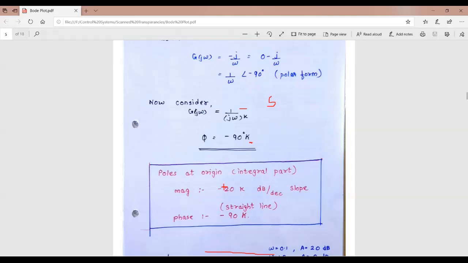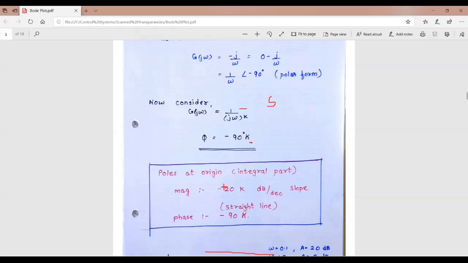Phase is nothing but each pole at origin contributing minus 90 degrees. If you have three poles, each pole will contribute minus 90 degrees, so minus 90 into 3, which becomes minus 270 degrees. So the magnitude is minus 20 n log of omega if there are n poles at origin, and phase is equal to minus 90 into n.